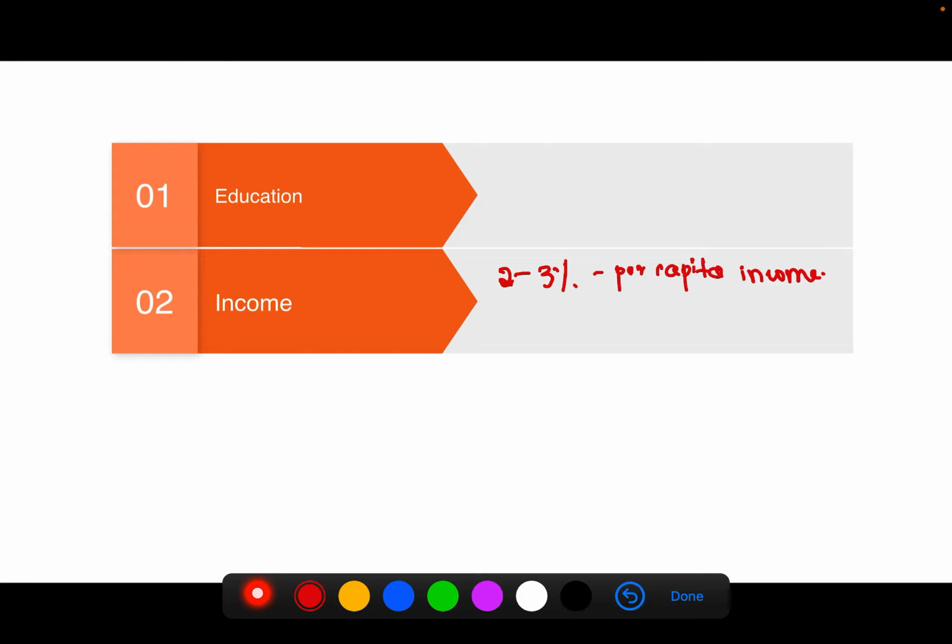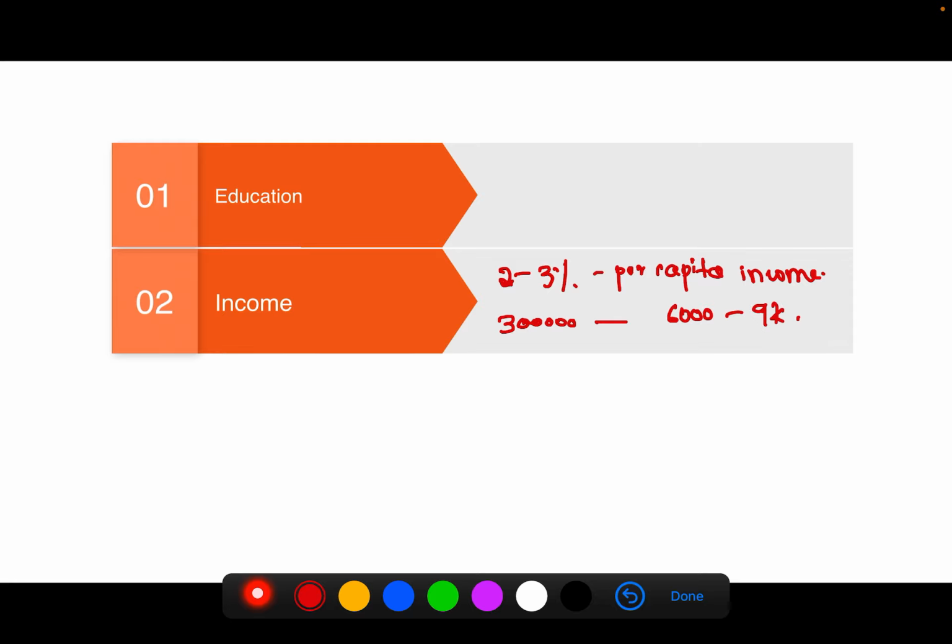Their annual income will be 12 lakh. Now imagine they have two kids. So the family will be of 4 and their per capita annual income will be around 3 lakhs. So 2 to 3% of this will be 6,000 to 9,000.